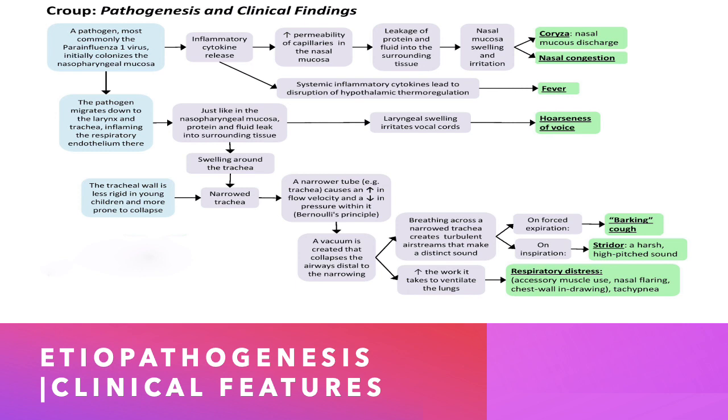Next, what happens is the pathogen migrates down to the larynx and trachea, inflaming the respiratory endothelium there. Because of that, just like in the nasopharyngeal mucosa, the protein and the fluid leak into the surrounding tissue, and that leads to laryngeal swelling and irritation of vocal cords.